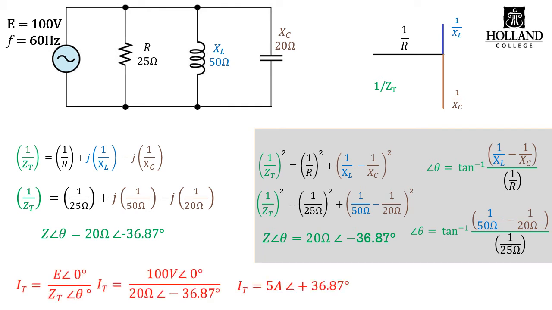Now that we got total impedance, we can get our total current, which in this case works out to be 5 amps at plus 36.87 degrees. That's because our capacitance allows more current to get through than our inductance.